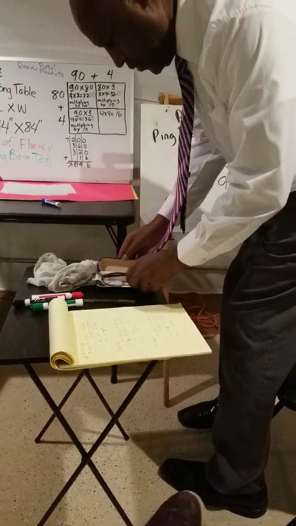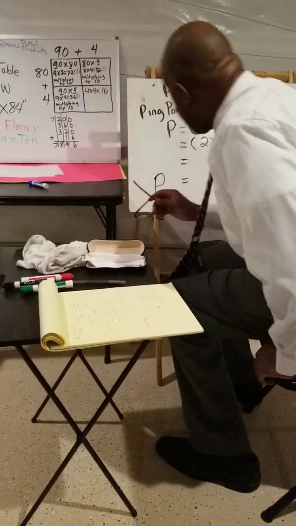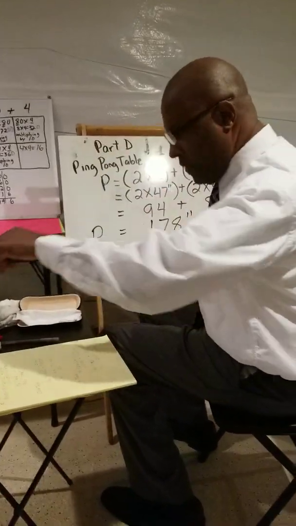Now we're going to do the perimeter and area for the card table.